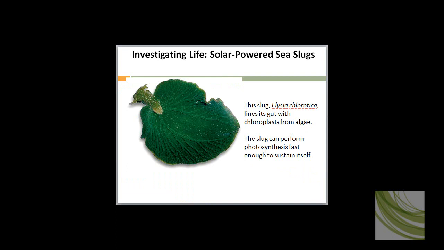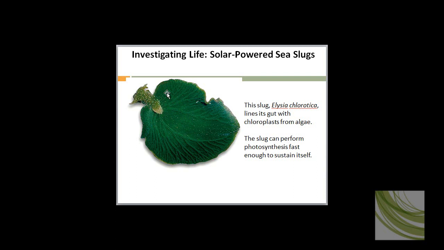This is an interesting creature. It's called the Elysia slug. And basically, this is an animal. It's a slug. It's sort of like a snail without a shell. Okay? And this guy crawls around on reefs close to the sunlight, and it eats algae to get some of its food. All right?